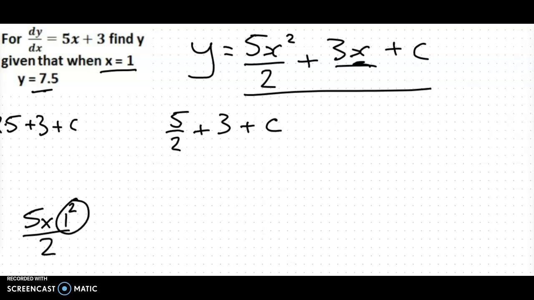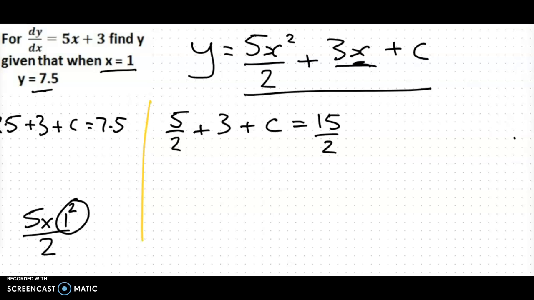Plus c, and then y is 7.5. I'm just doing it 2 different ways just to show you. Sometimes it's easier just thinking about things as fractions. Now 7.5 is 14 halves plus another half, so that's 15 halves, isn't it?